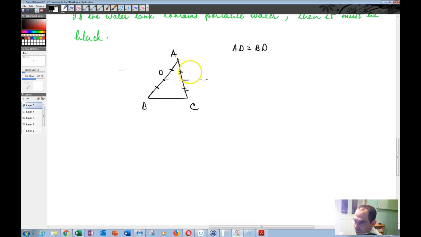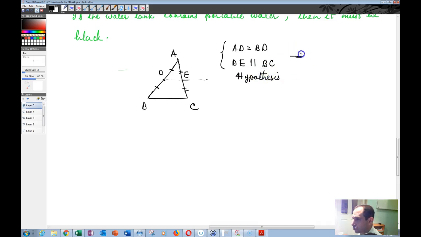And also, let's say that this is E, for example. And also DE is parallel to BC. Okay? So this is my hypothesis.